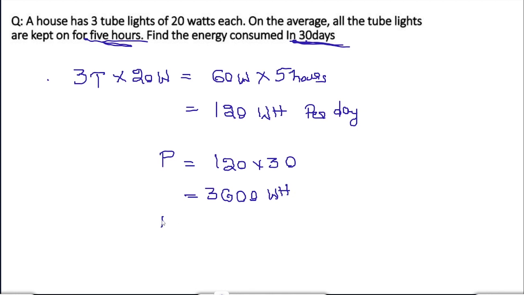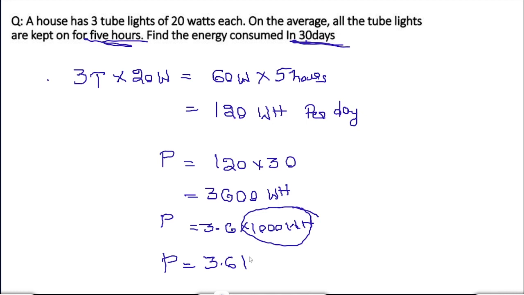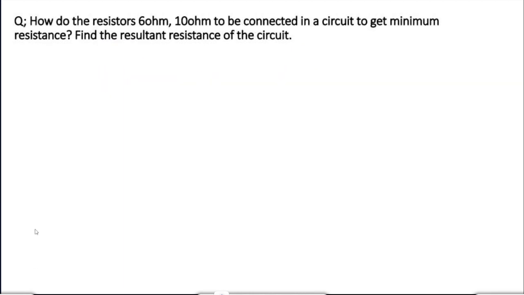If we want to write it in kilowatt hours, we write 3.6 into 1000 watt hours, and 1000 watt hours is one kilowatt hour. So the energy is 3.6 kilowatt hours, or you can also write 3.6 units. Got it? That's it. Next question.